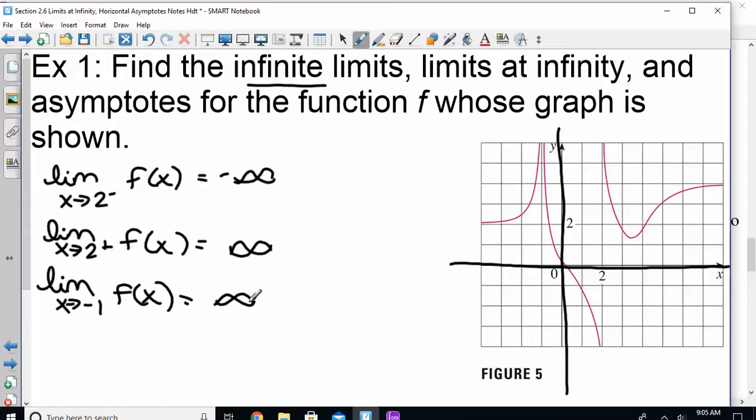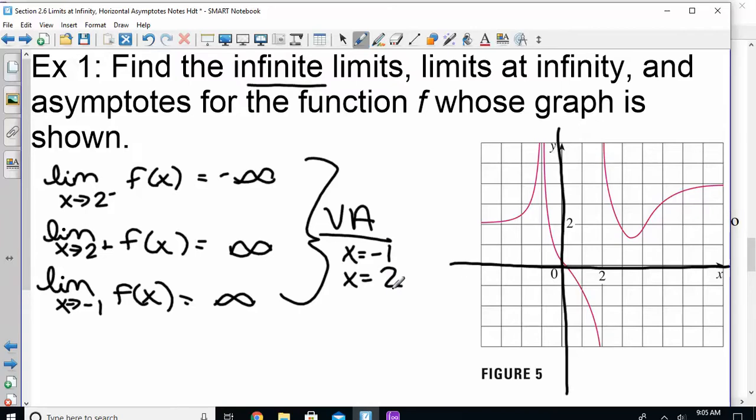What happens at these? What kind of asymptote? Those are vertical asymptotes. So when you get positive or negative infinity for your answer, that's a vertical asymptote. So I have them at x equals -1 and x equals 2.